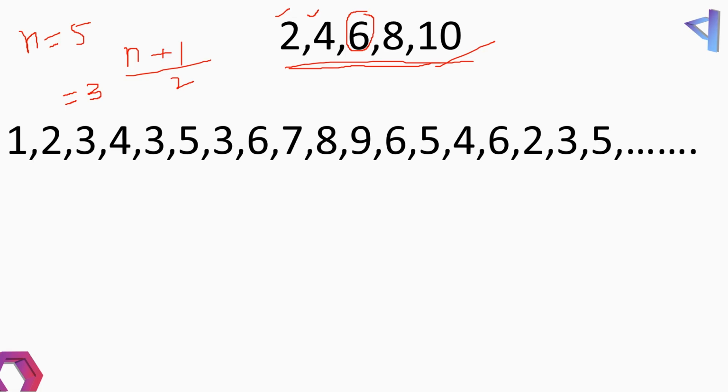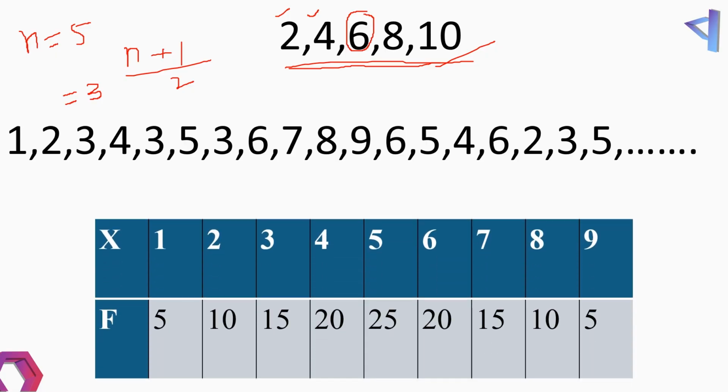Similarly, if we have data in the form of a table, like a grouped form where we have X observations and their frequency, the simple way to find the median is to sum all these frequencies and use the simple formula n by 2, and we get the median. Let us see the example here.